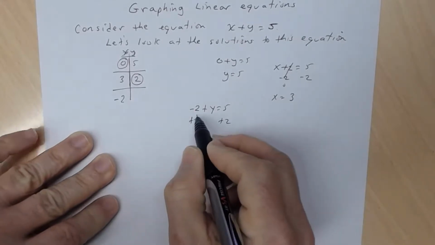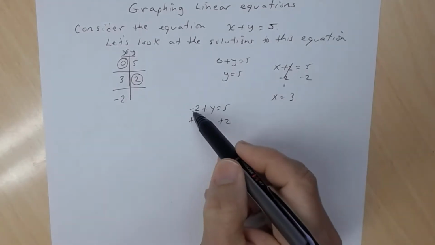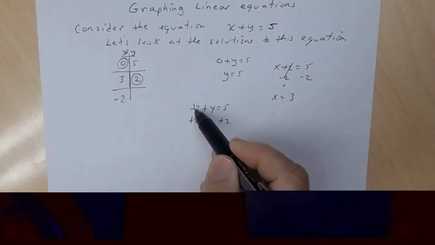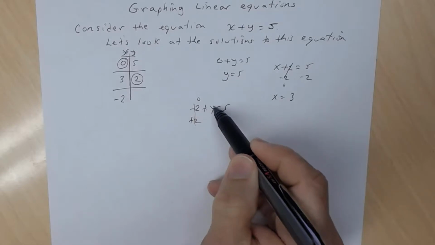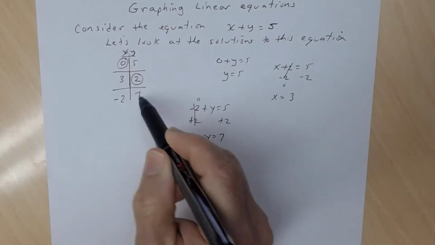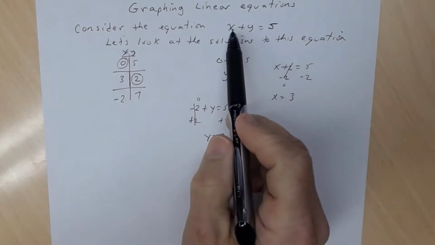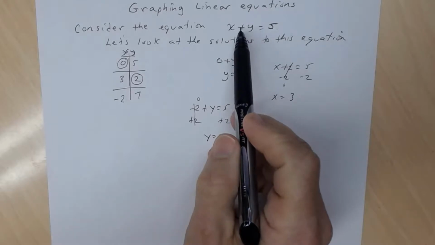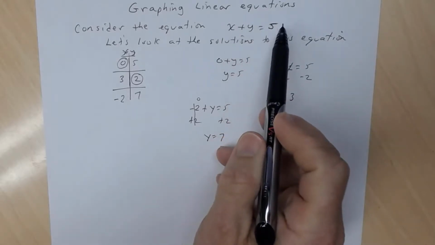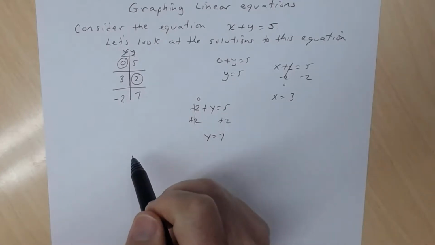Not subtract 2, you're going to add 2, because you're trying to get y by itself, so you need this to be a 0. A negative 2 plus a positive 2 is 0. 0 plus y is y, and 5 plus 2 is 7. So my y value is 7. It makes sense because according to this equation, you're adding your x and your y, and you want that to be 5. And it is a true statement that negative 2 plus 7 is 5.